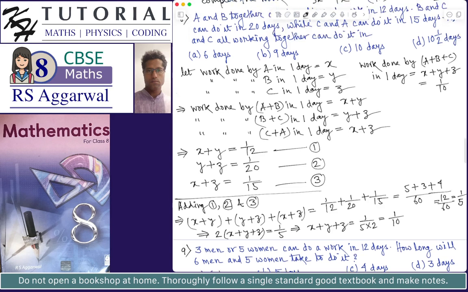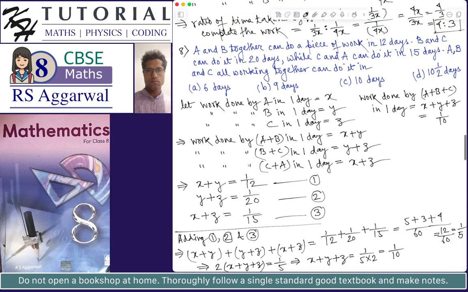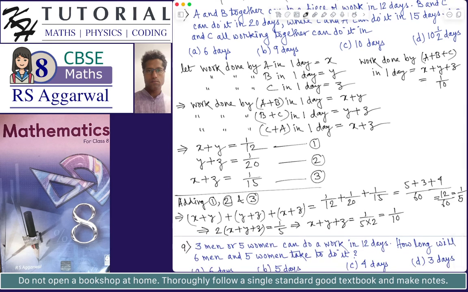Now the question is asking how long A, B and C all working together will take. Since the work done by A plus B plus C in one day is 1 by 10, the time taken by A plus B plus C to finish the work will be equal to 10 days. So the correct answer choice is choice C.